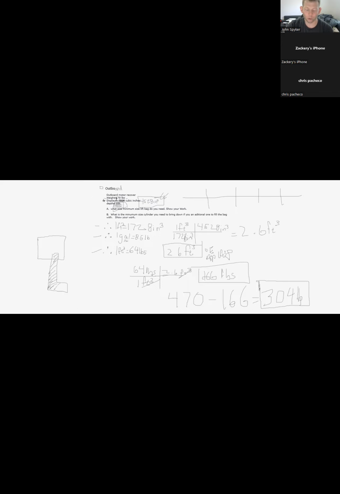It depends what you're trying to do, right? Safety wise, if you are trying to bring this outboard engine, this says Mercury, it's my outboard engine, right?